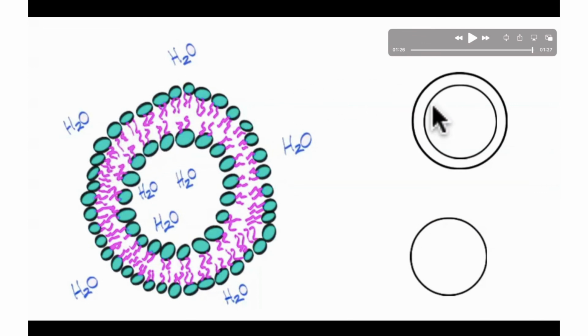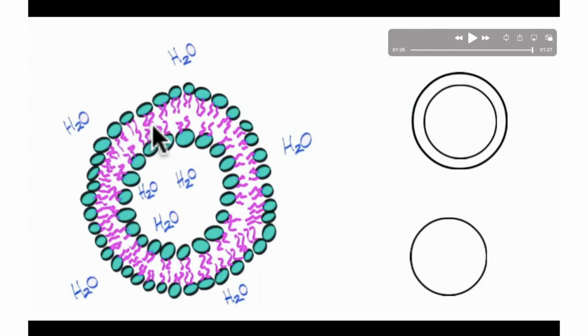If I simplify this picture, there's an inner circle and an outer circle that we see over here. Oftentimes, I draw cells merely as one circle because it's much faster to draw. But that one circle really is representing these two lines. So you have a phosphate head here and phosphate heads out here. This is the phospholipid bilayer.